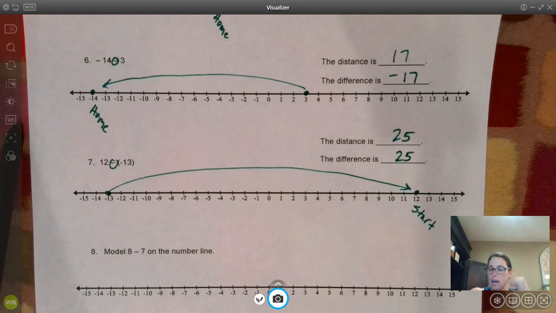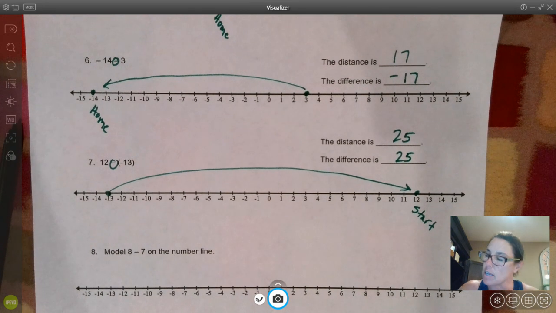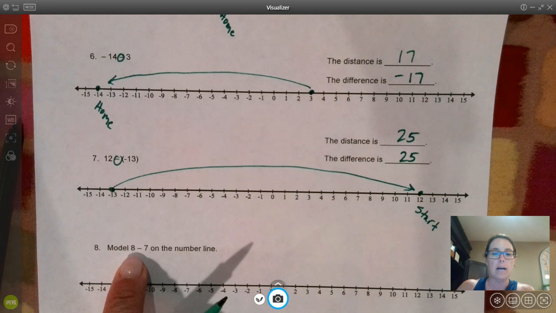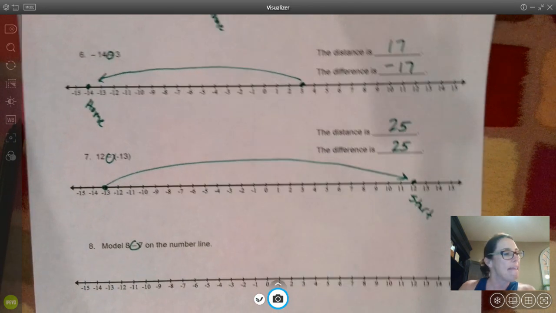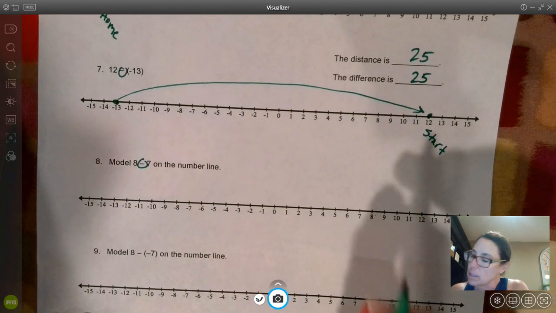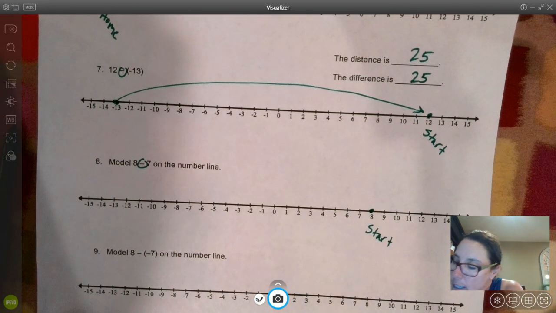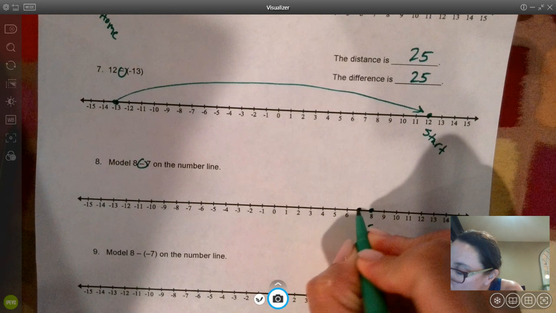Same thing's going to go for the next couple problems, but we don't have to state the distance and the difference. We are just modeling 8 minus 7 on a number line. So 8 is start or home. 7 is the other dot.